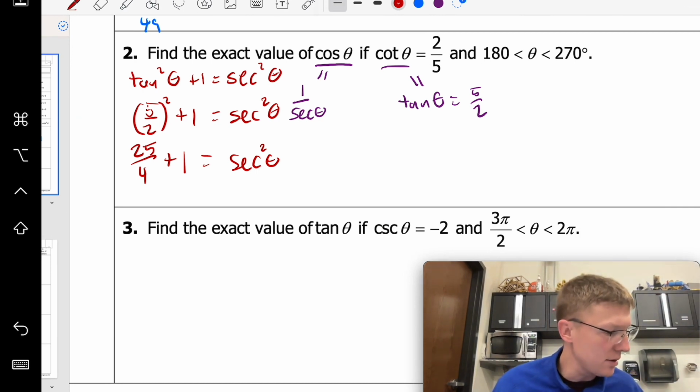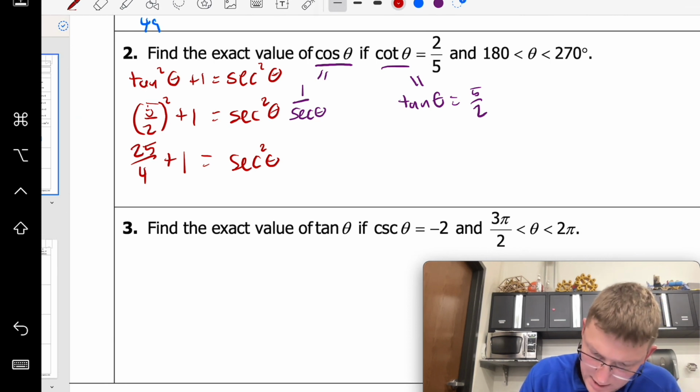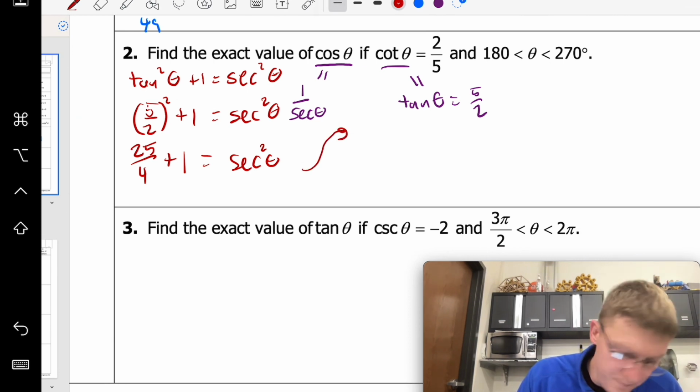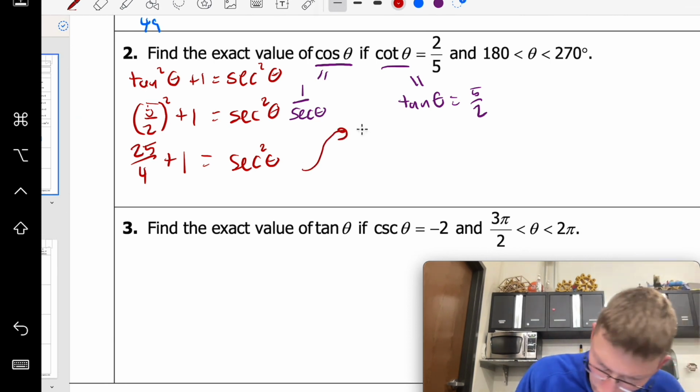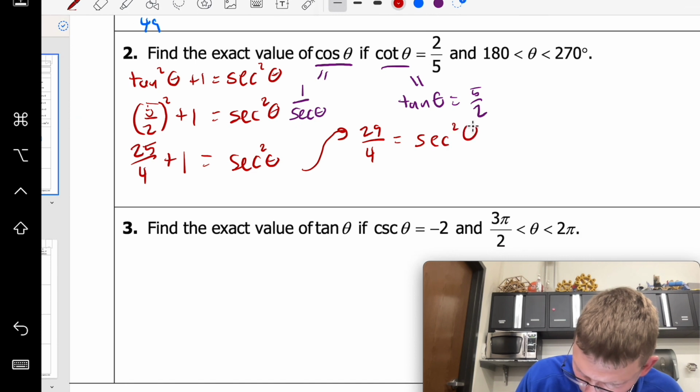This is what I have a calculator for. So we've got, we'll go right up here. We're still in red. 29 over 4 equals secant squared of theta.